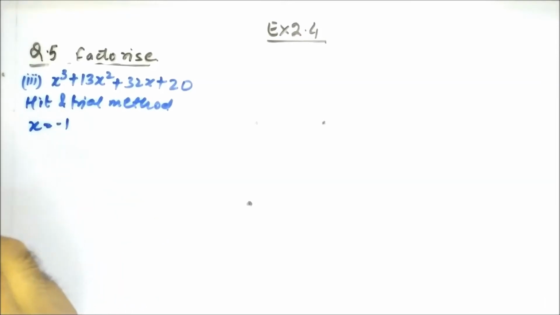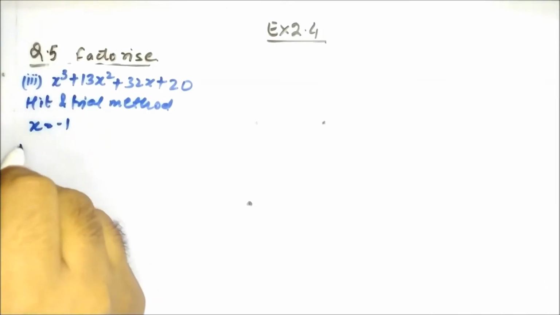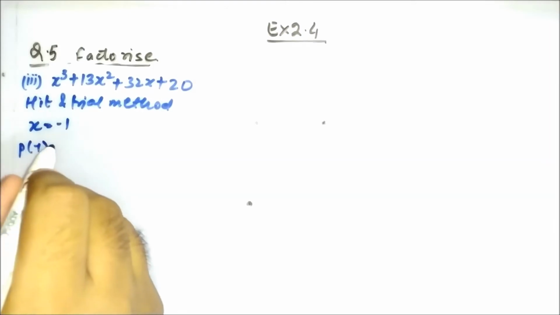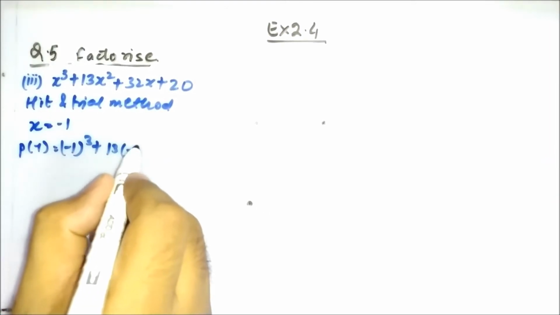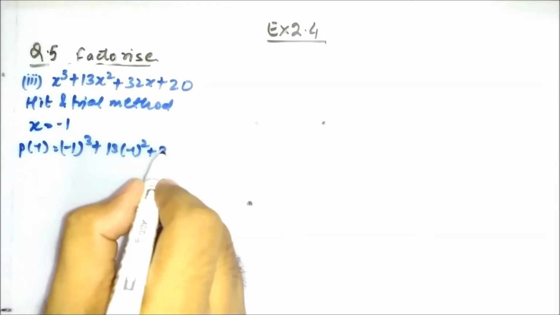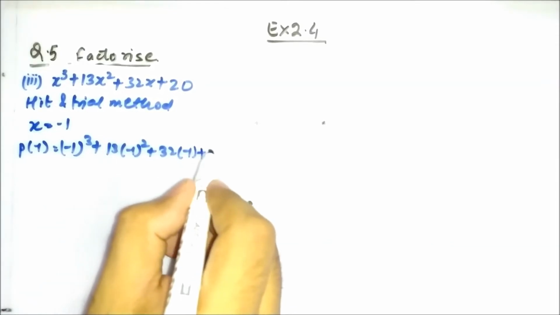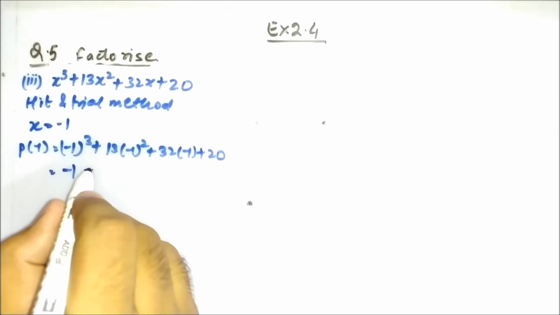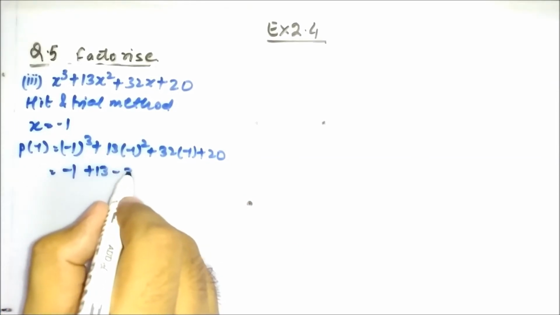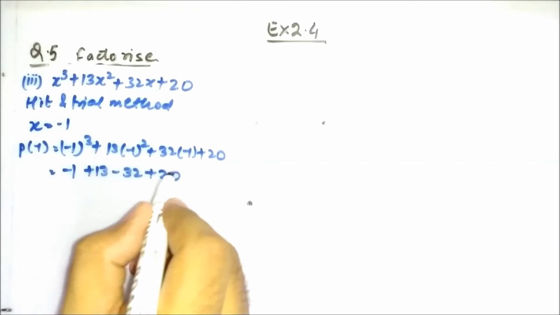So let x is equal to minus 1. When you put the value, p of minus 1 will be minus 1 cube plus 13 into minus 1 square plus 32 into minus 1 plus 20. Now this will be minus 1, this will be plus 13, this will be minus 32, and this will be plus 20.